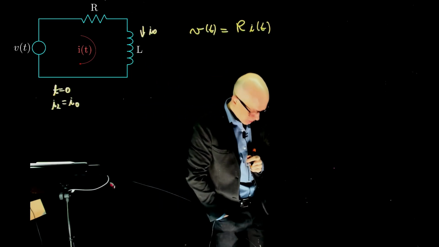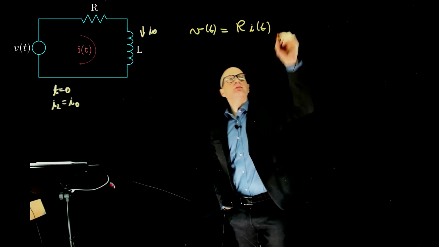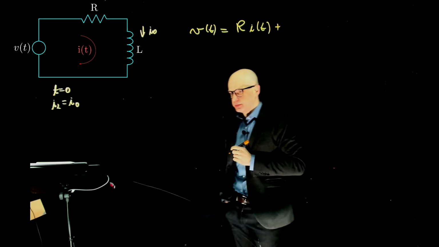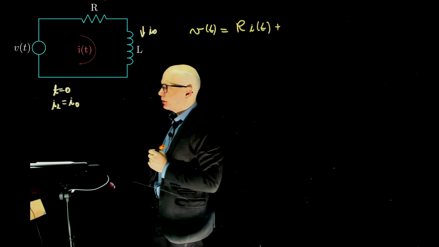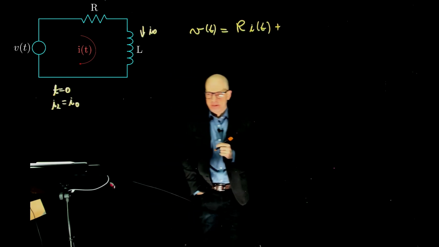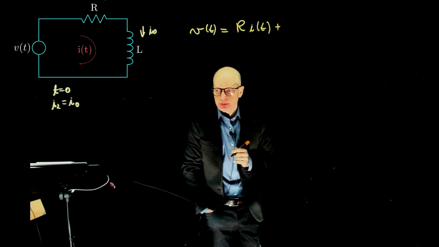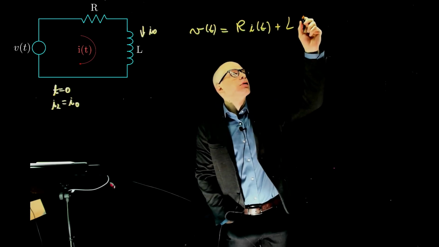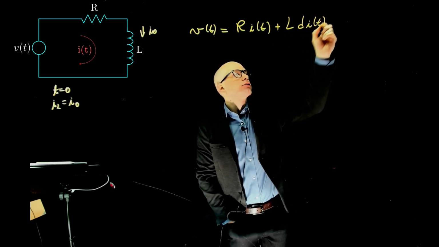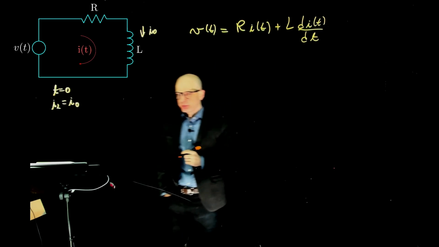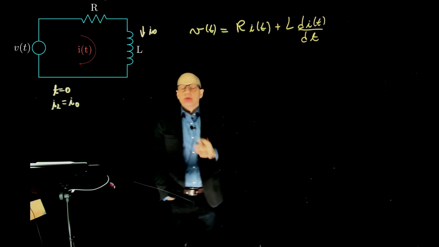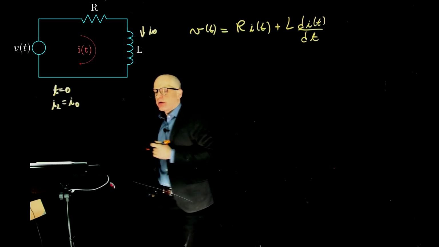What is that? Plus the voltage drop across the inductor. Anybody? It's L di/dt. Excellent. L di(t)/dt. Okay. Very good. So that's the equation that describes the behavior of the system.